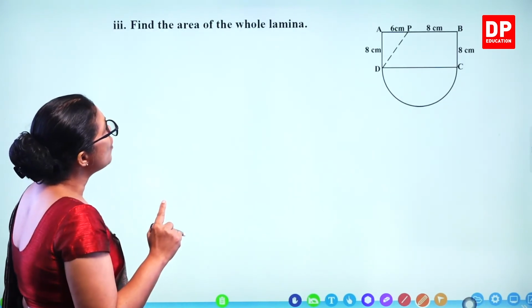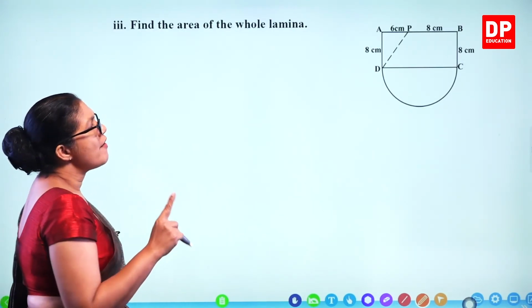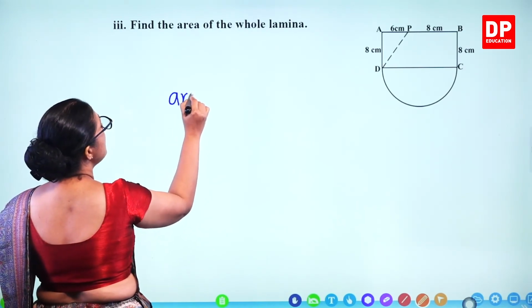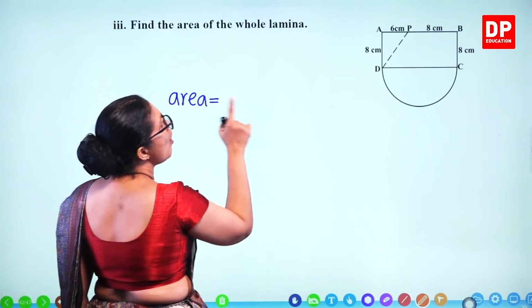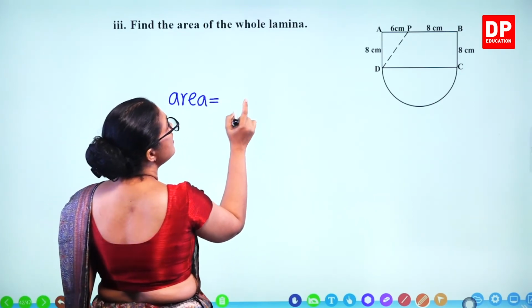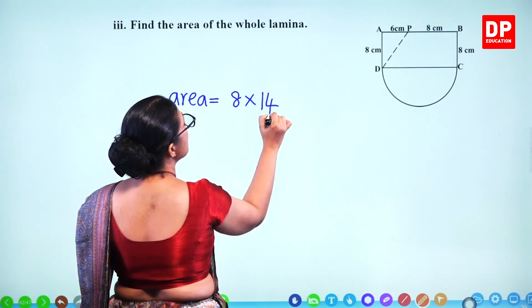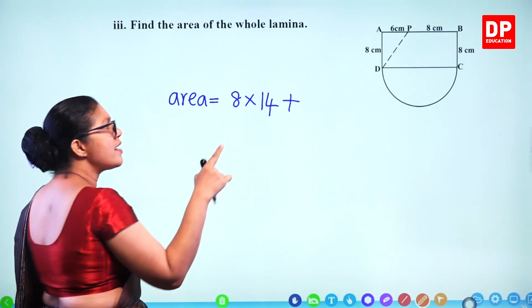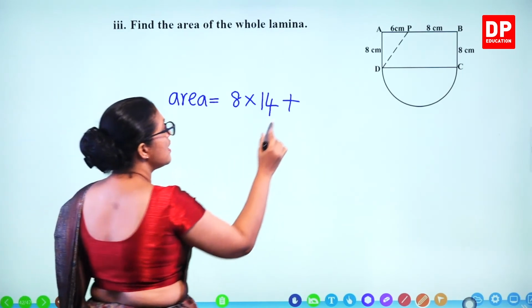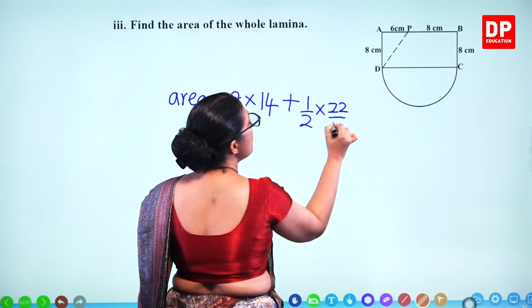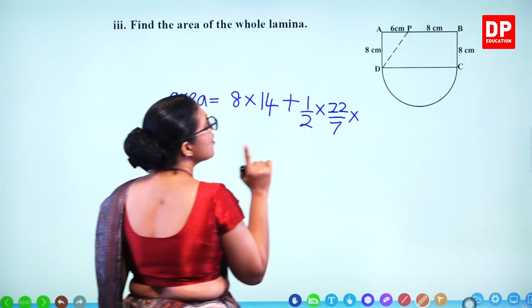Find the area of the whole lamina. So area of the semicircle and area of the rectangle. So total area is area of the rectangle 8 times 8 plus 6, 14, plus area of the semicircle, half into pi r squared, 22 over 7, r squared.